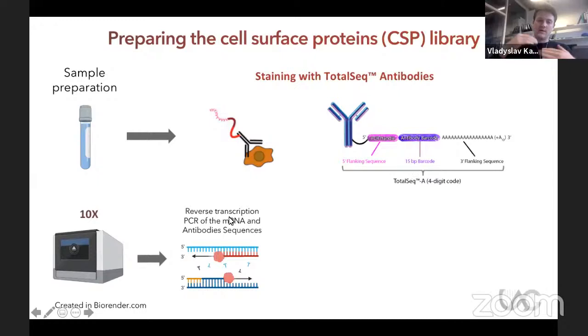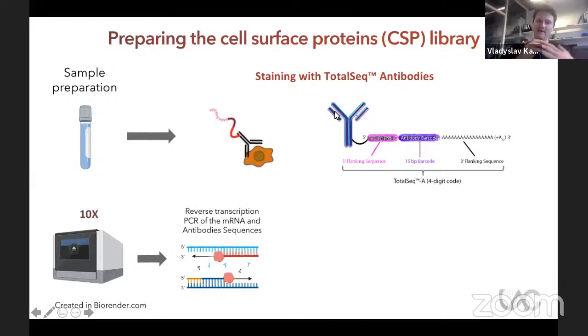It means you will convert this oligonucleotide sequence into cDNA, and simultaneously do the same with the messenger RNA molecules. So you are targeting two types of information: the transcriptome with the help of the messenger RNA targeting, and also the proteome with the help of targeting these oligonucleotides that are bound to the antibody.